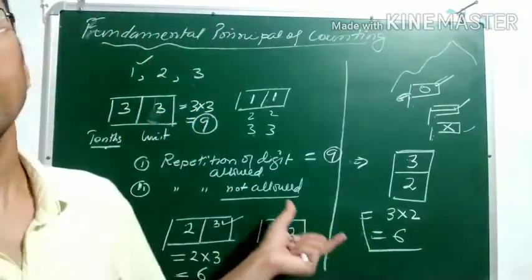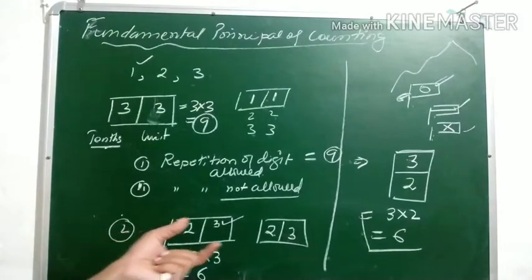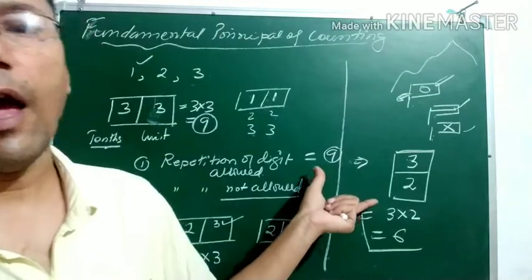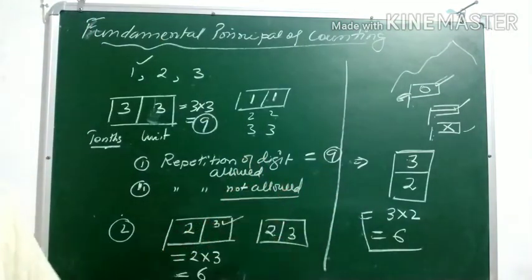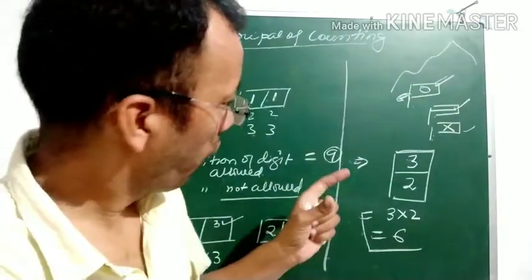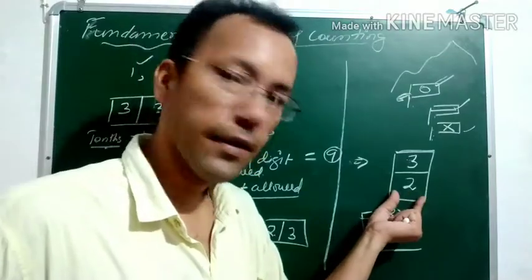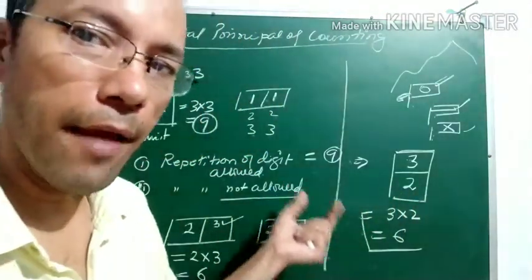So that means, if one event occurs in m different ways and another event occurs in n different ways, then the total number of ways will be m into n.